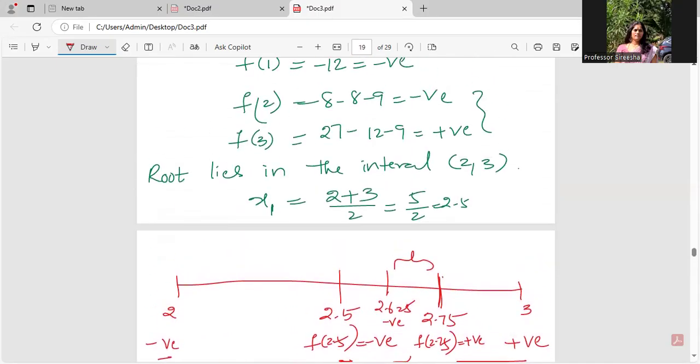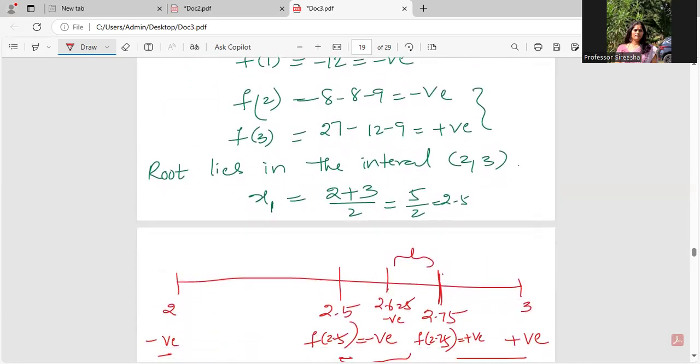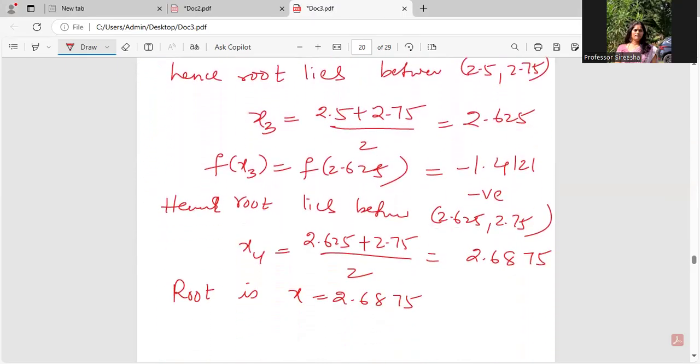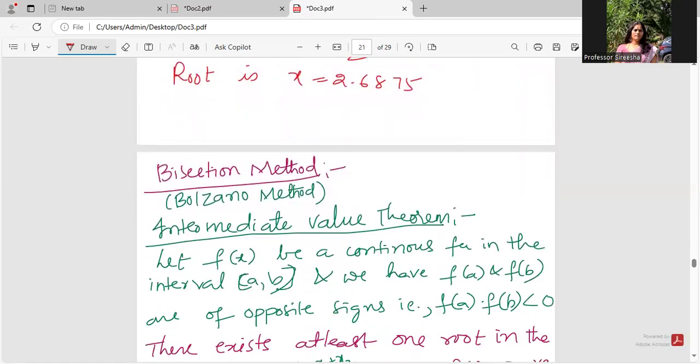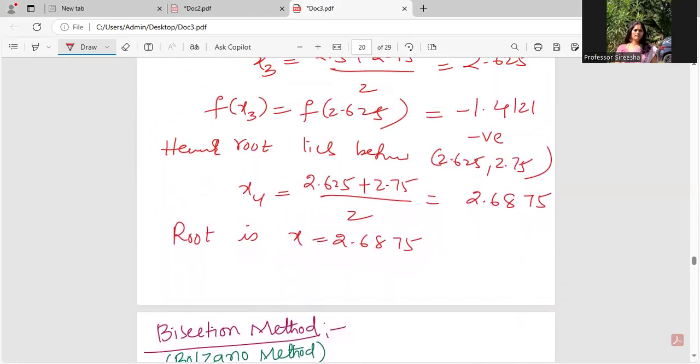Now coming to the second way of asking the question, how do I answer it? I've been asked, find the root up to 1 decimal accuracy. What does this mean? I'll be checking the successive iterations. X3, I have got to be 2.625. X4, I have got to be 2.6875.